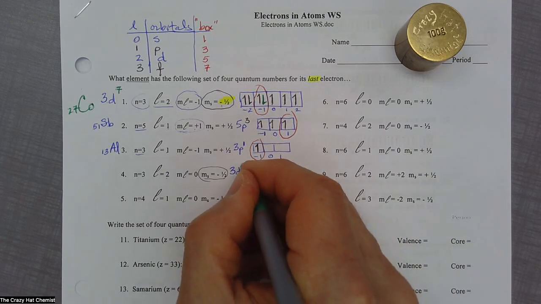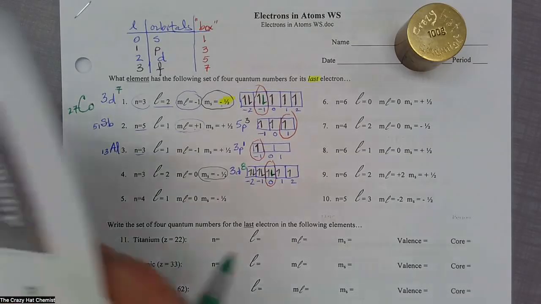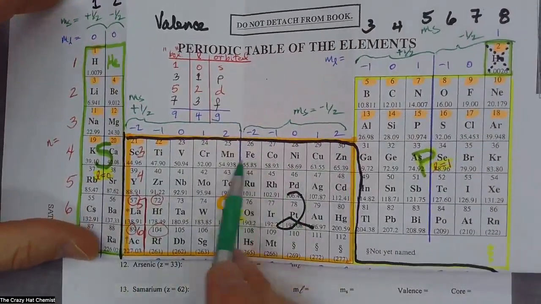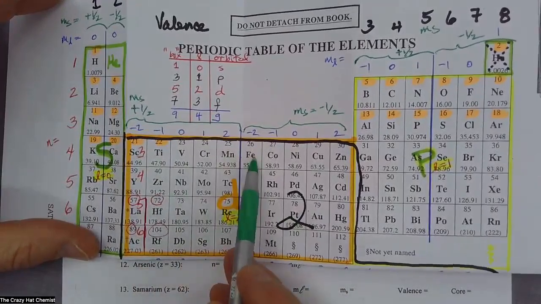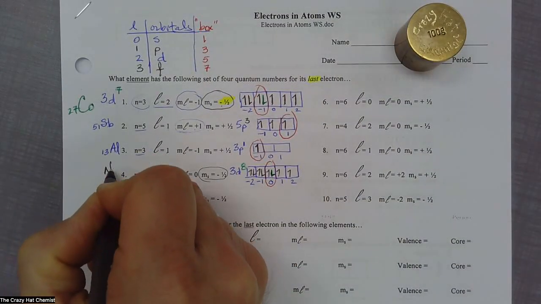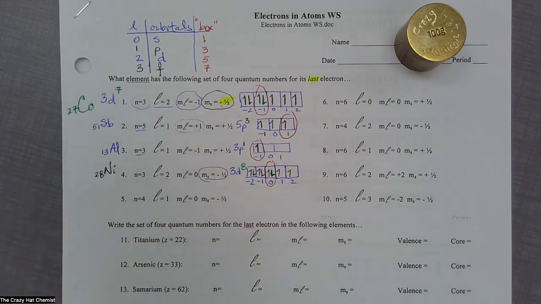So this is 3d8 is what I should be having here. Let's see if we can find 3d8 on our periodic table. This is the 3 and d's, and it's 1, 2, 3, 4, 5, 6, 7, 8. It should be nickel, Ni, element number 28, atomic number 28.